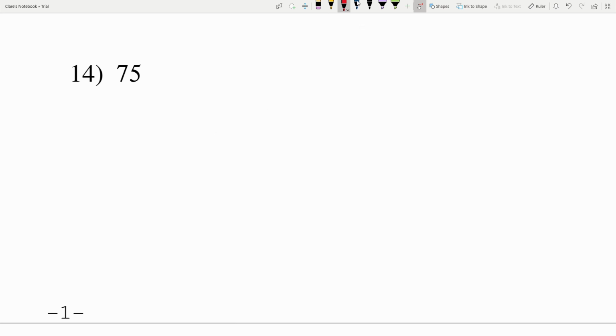But for now, let's do number 14. 1 and 75 divides 75. 2 doesn't divide 75 because it isn't even, but let's check to see if 3 does. 7 plus 5 equals 12. 12 is divisible by 3, so 75 is divisible by 3. 3 times what gives us 75? That's 3 times 25.